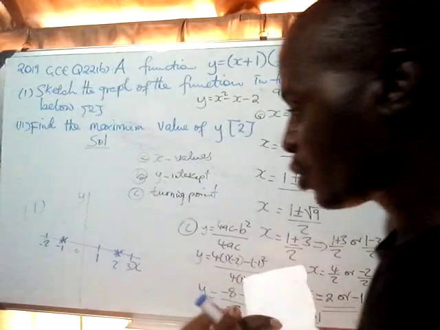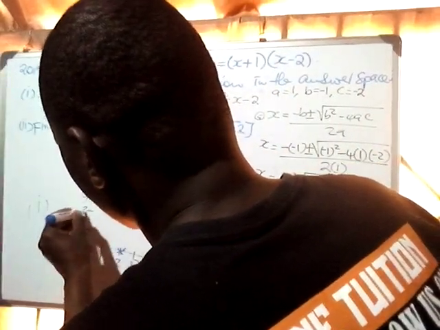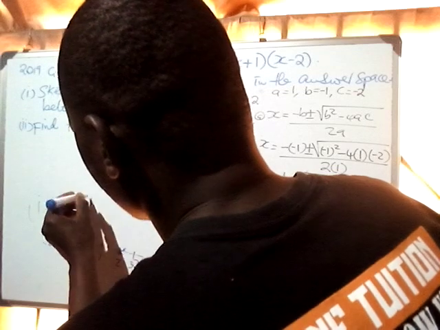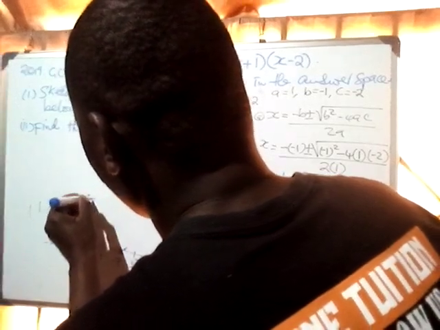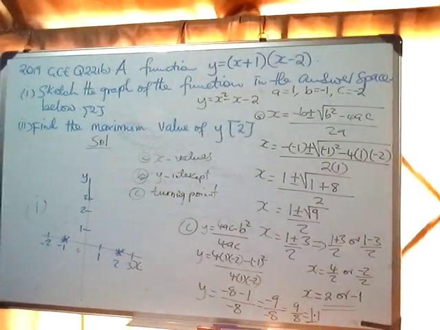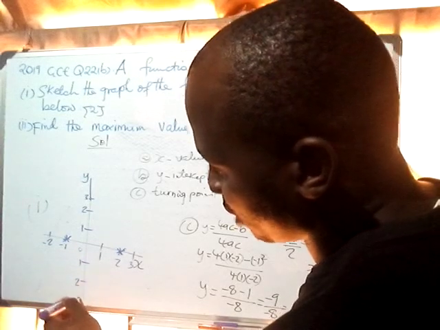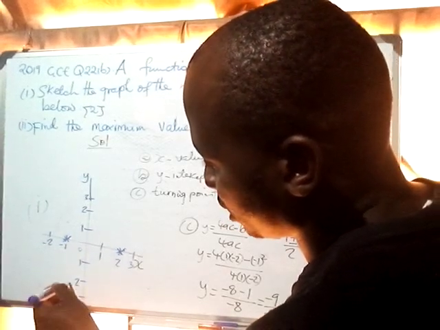So let me also put this one as my 1. We have the 2. It can even go up to the 3 there. It will depend. Then at the bottom there, I can have 1, 2, 3 like this.